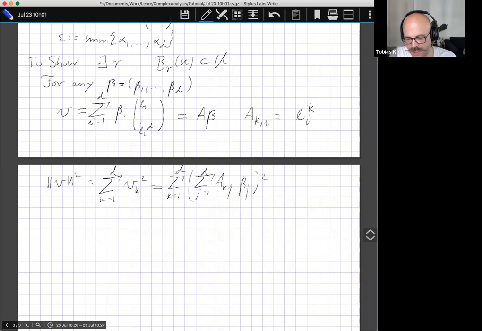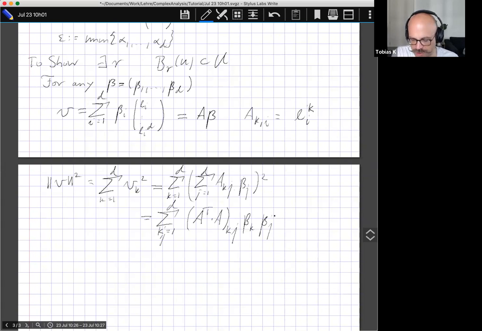And if I calculate that out, I can write that as a sum over k and j equal 1 to d of A transposed multiplied with A. So because of the square, I have actually three sums. One of them goes into the matrix multiplication, and then I get beta_k times beta_j.